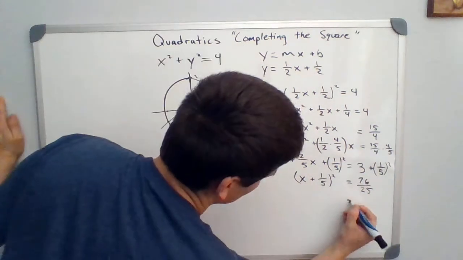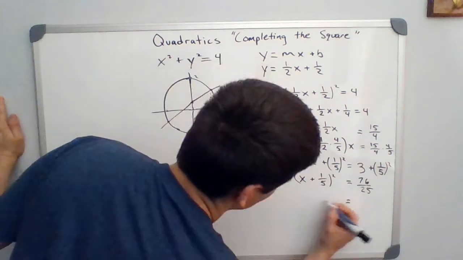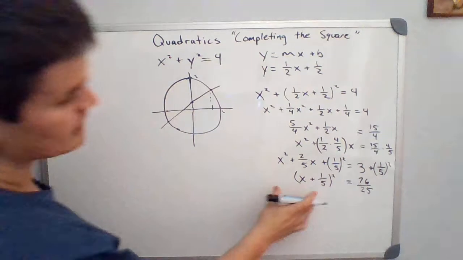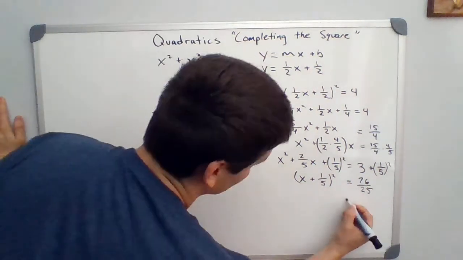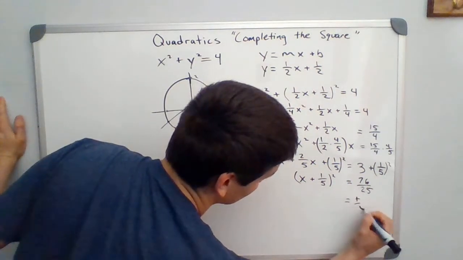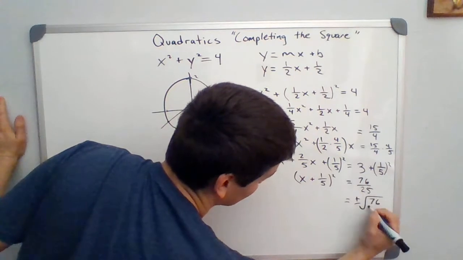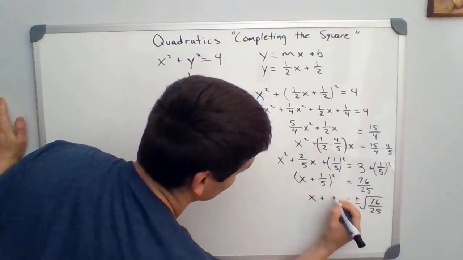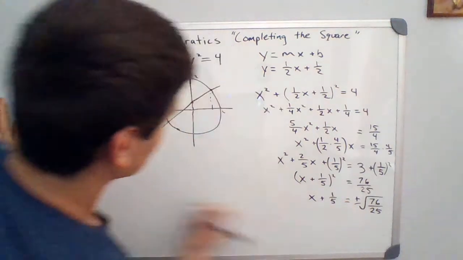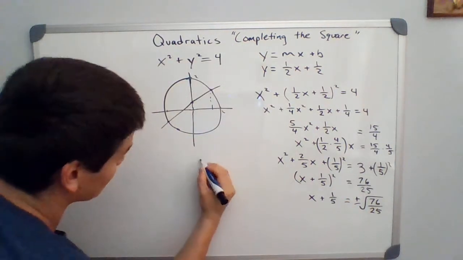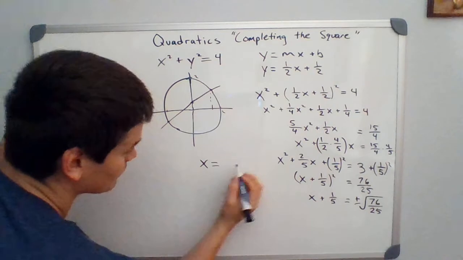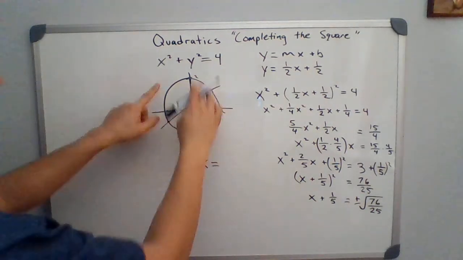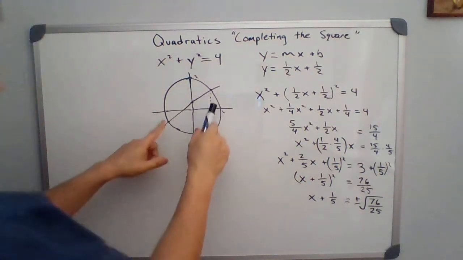Alright, so from here, I can already see that I just take the square root of both sides. So I have plus and minus the square root of 76 divided by 25, and that's x plus 1/5. So I'm going to have two x coordinates that will give me the answers here.